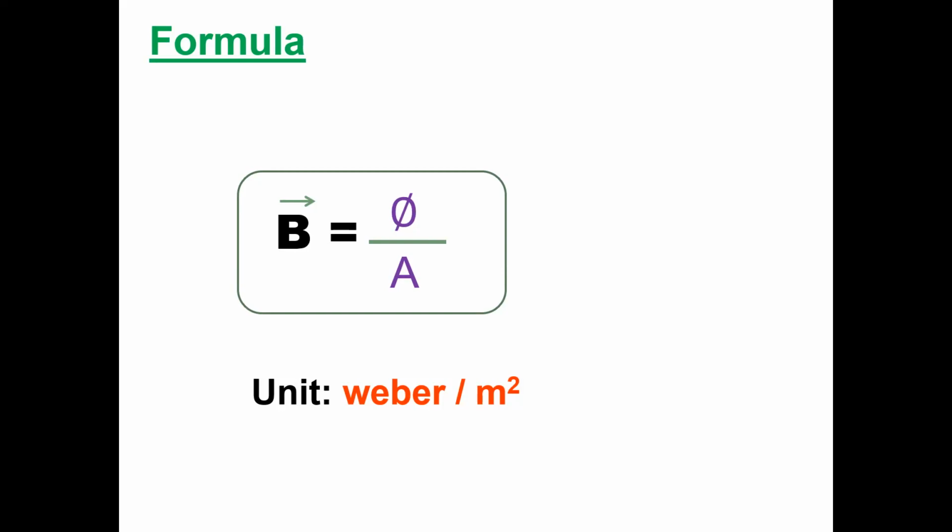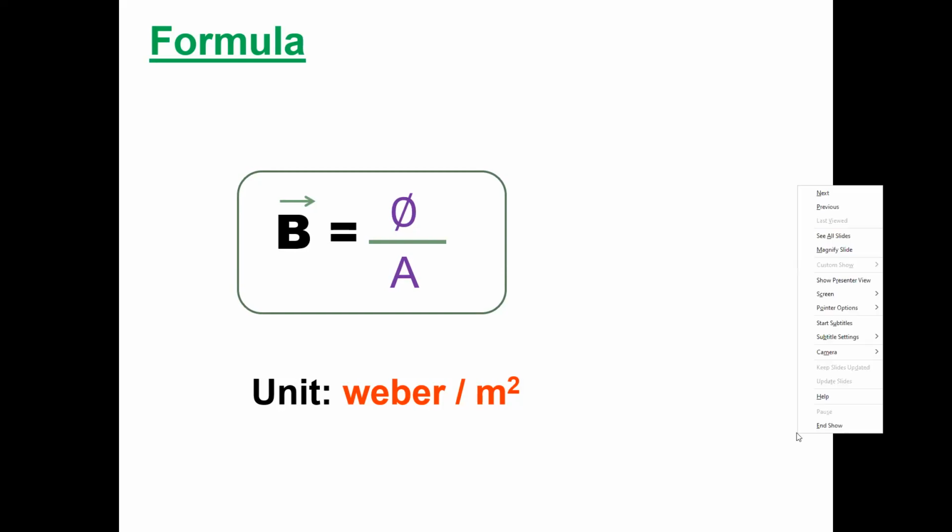Done, sir. So this is the formula, and phi here is actually magnetic flux, and A is standing for area.